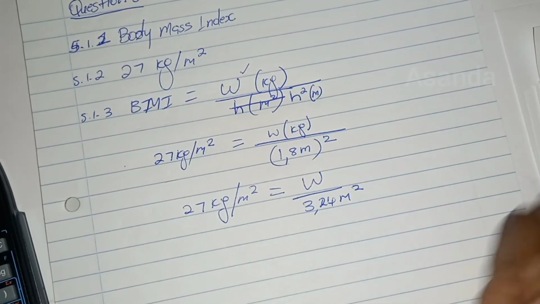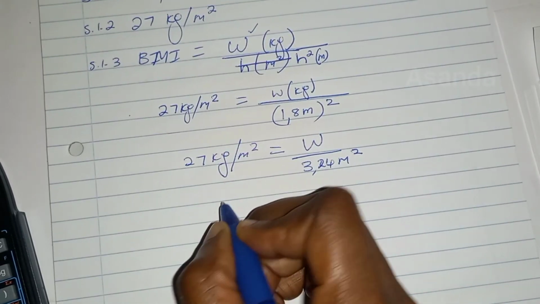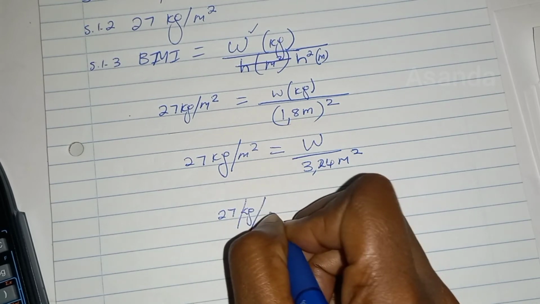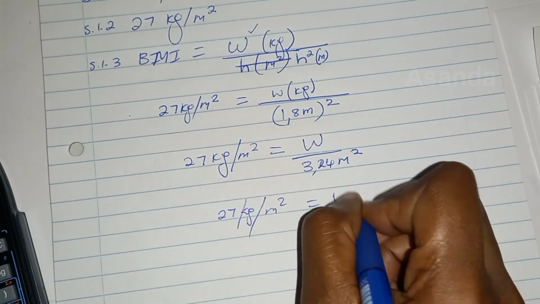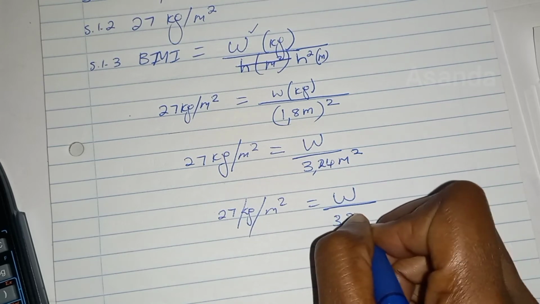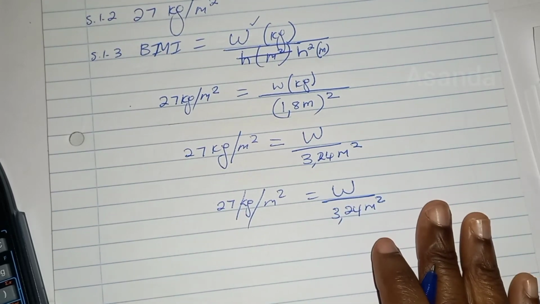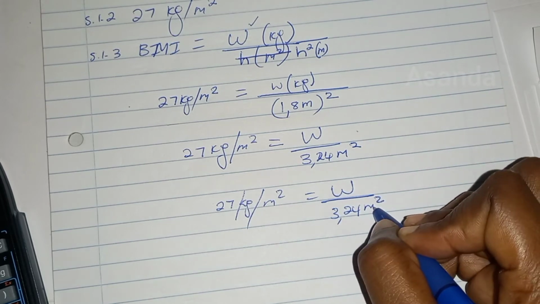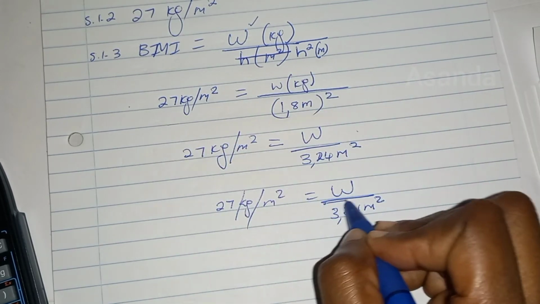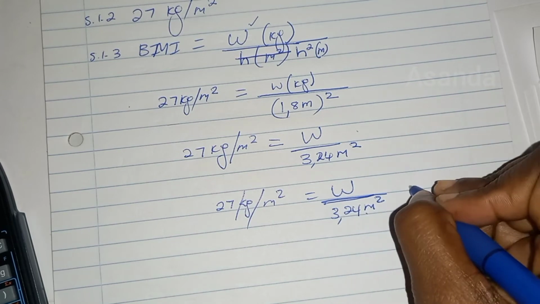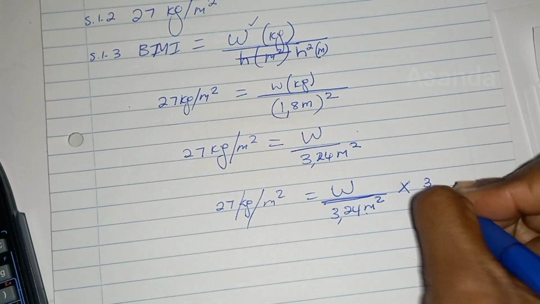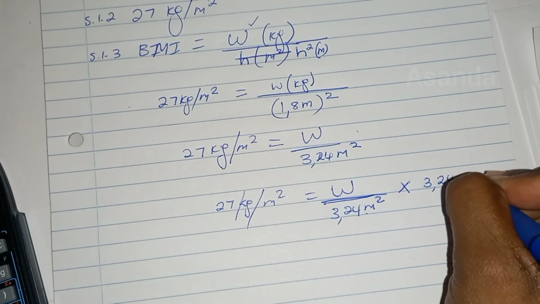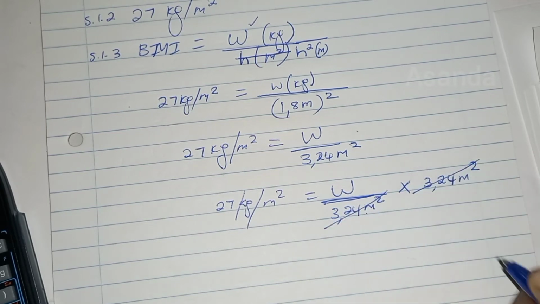Now 27 kilograms per meter squared is equal to weight divided by 3.24 meters squared. I'm just going to rewrite it for explanation purposes. Now I need this number to go to this side. It is dividing by 3.24, so I'm going to multiply by 3.24 meters squared. The opposite of divide is multiply, and that will cancel it.